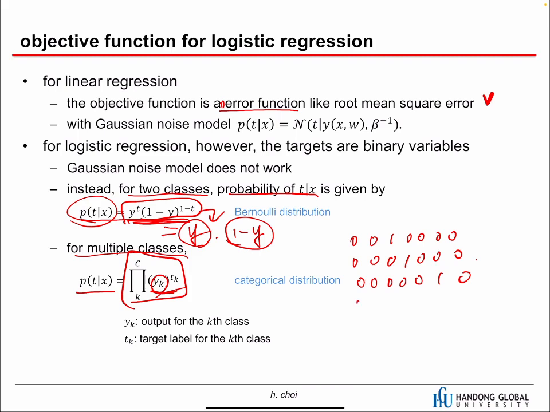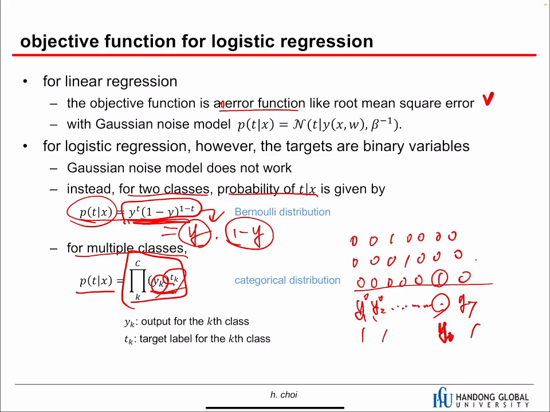So y sub k is something like y sub 1, y sub 2, up to y sub 7, and then we have a superscript here. If the target is the 6th class, then y sub 1 to the power of 0 is 1, y sub 2 to the power of 0 is 1, and all the other ones will be 1. And how about this one? y sub 6 to the power of 1 is y sub 6.